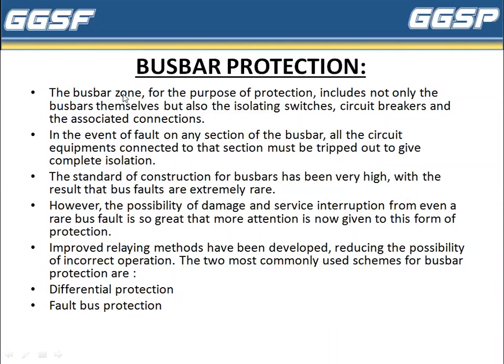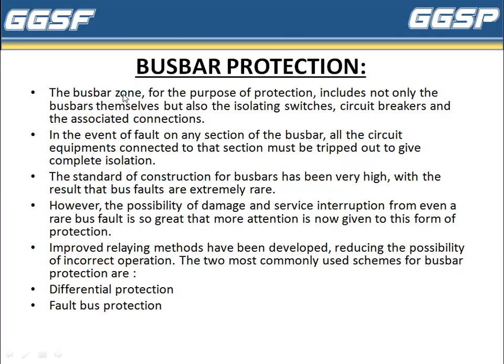The standard of construction for busbars has been very high, with the result that bus faults are extremely rare. However, the possibility of damage and service interruption from even a rare bus fault is so great that more attention is now given to the form of protection. Improved relaying methods have been developed, reducing the possibility of incorrect operation.